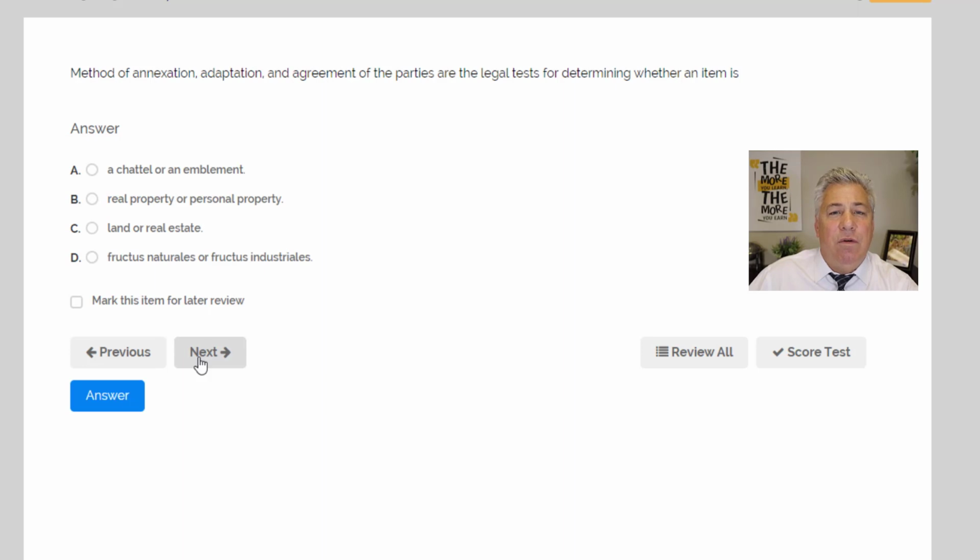You're doing well. Question number 5. Method of annexation, adaptation, and agreement of the parties are the legal tests for determining whether an item is: A, a chattel or an implement; B, real property or personal property; C, land or real estate; and D, fructus naturalis or fructus industrialis.